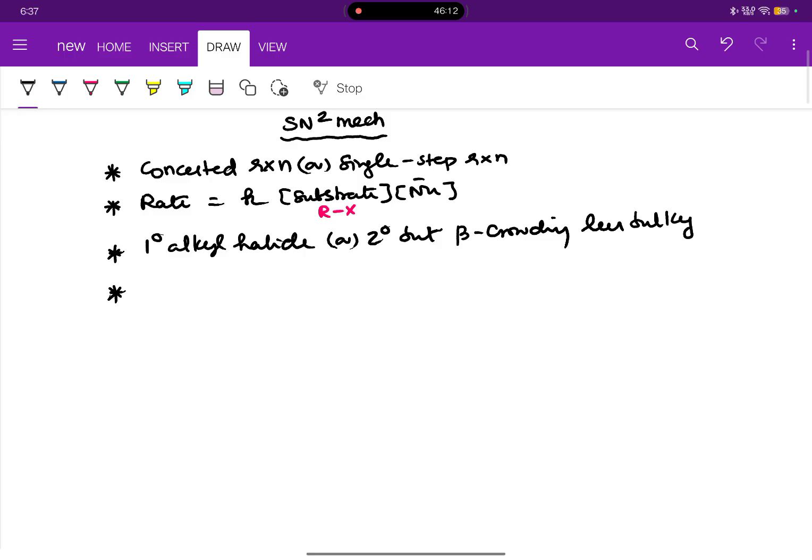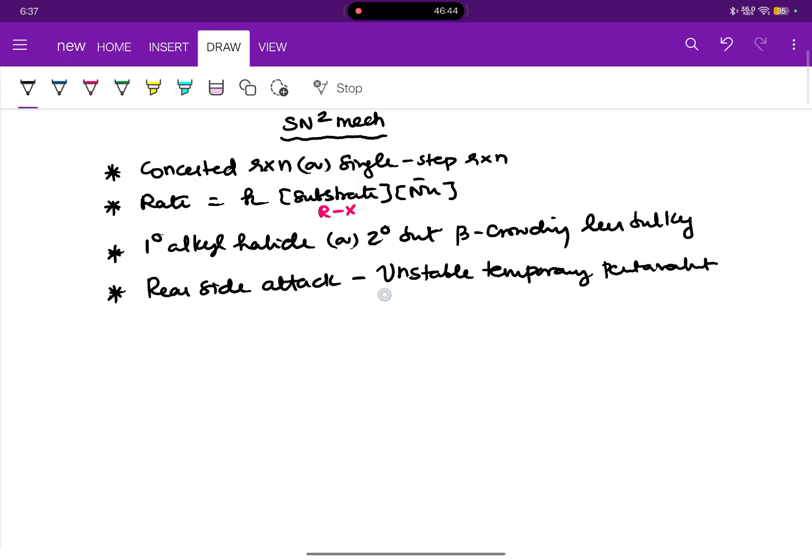Yes, sir. The salient feature of this one is that it will undergo a rear side attack. If there is a nucleophilic attack, the leaving group will be there, right? Opposite of the leaving group, the nucleophile will come and attack. That's what is rear side attack, which leads to a very unstable, temporary pentavalent transition state being formed.